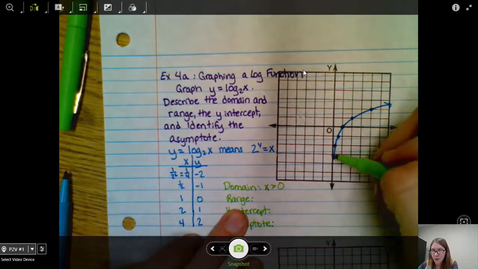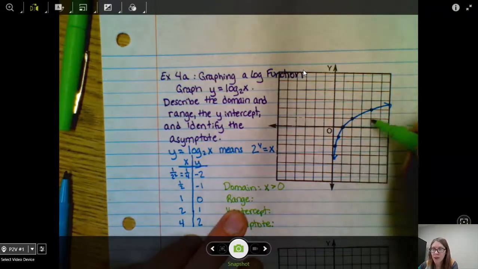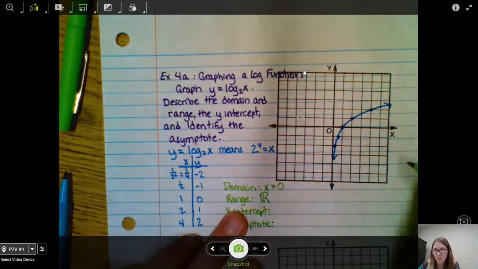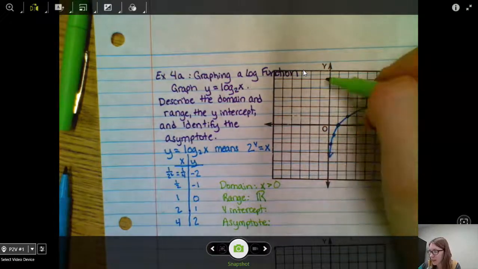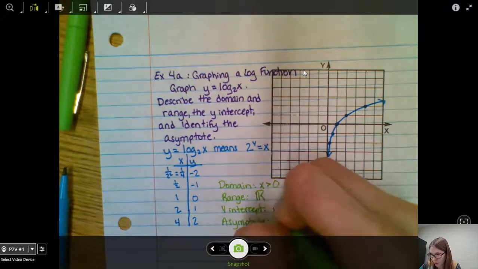Our range, well, if you look at the graph, this line keeps going down forever, and this part's going to keep going up forever. So our range is all real numbers. Our y-intercept, since we're never actually going to have an x value of 0, we don't have a y-intercept.